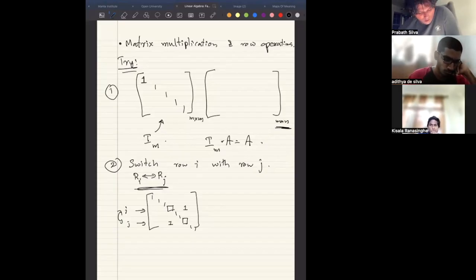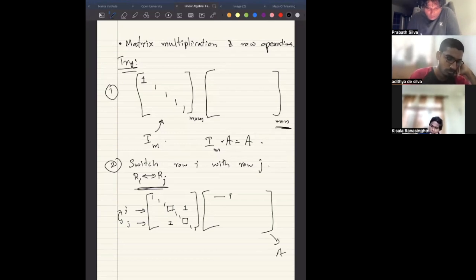And if you multiply this with the matrix A, with rows row 1, row 2, and so on, you will get this.